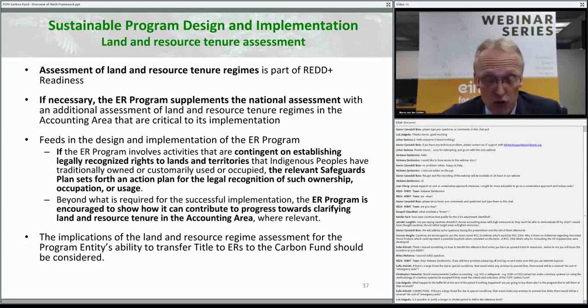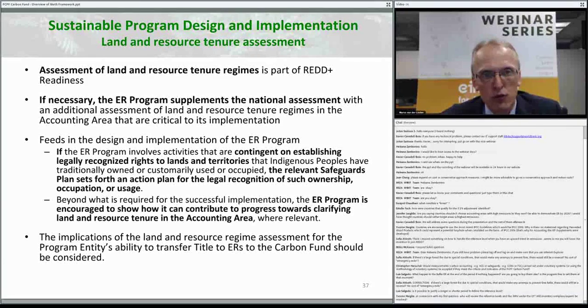And then the findings can feed into the design and implementation of the program, if they are necessary to make the ER program possible. Where the methodological framework also says it makes a link is with the ability to transfer title to emission reductions. I will come back to that in the next slide as well.